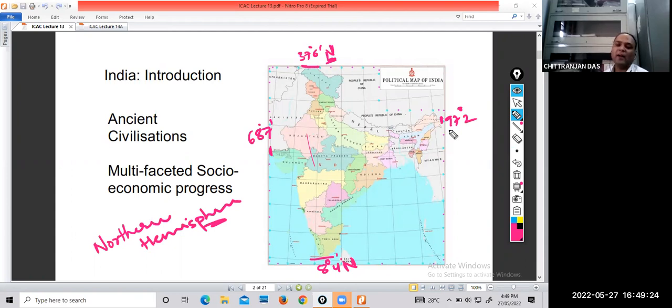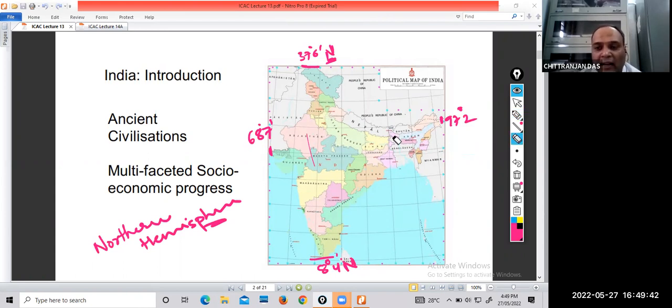At some places it might be written 97.5, but please check it once. So it is 68 and 97, 8 and 37. This is the latitudinal and longitudinal extent.